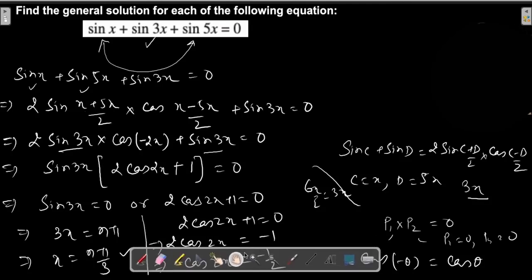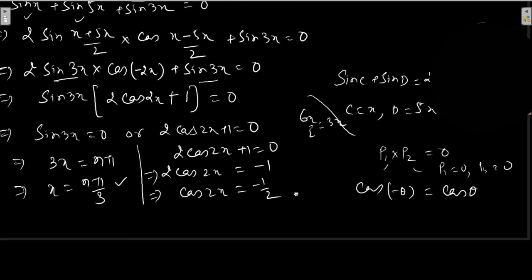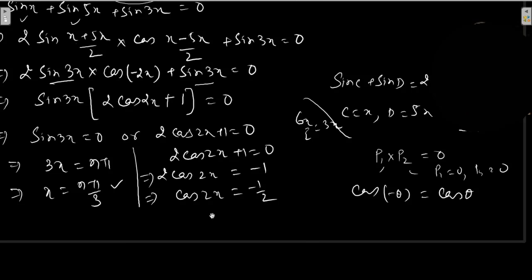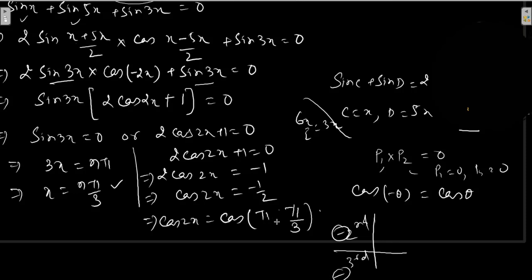Alright. Now we know that cos theta is negative in which quadrant? In the second and third quadrant, my cos theta is negative, right? So again, just to get the value, I can write cos of 2x equals cos of pi minus pi by 3, and then the second one will be cos of pi plus pi by 3.